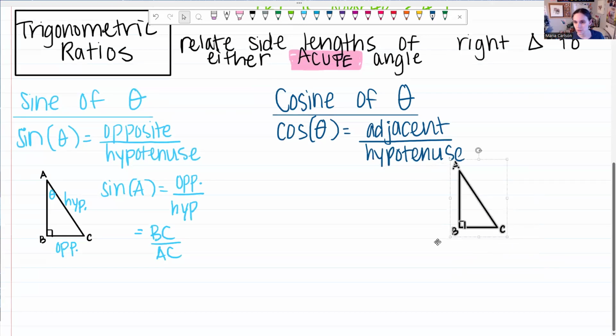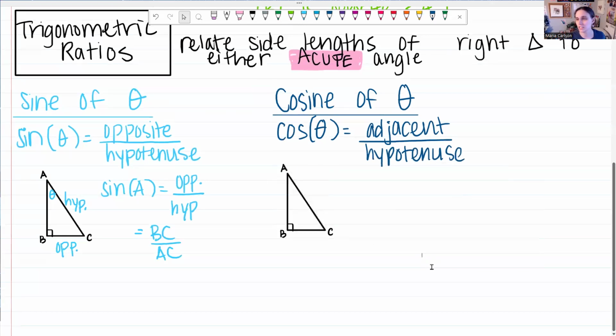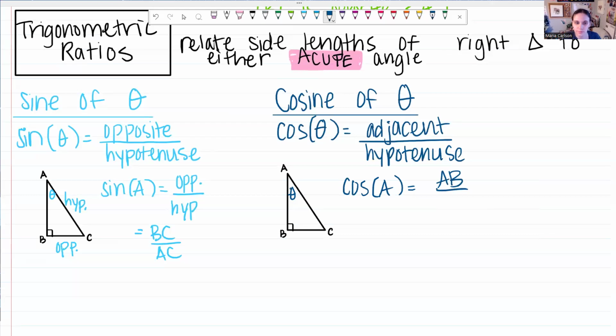I'm going to keep A as our theta here, the angle that we're interested in. So cosine of this angle A is the adjacent, which would be AB, over the hypotenuse, and the hypotenuse is AC. So both sine and cosine relate either the opposite or the adjacent to the hypotenuse.